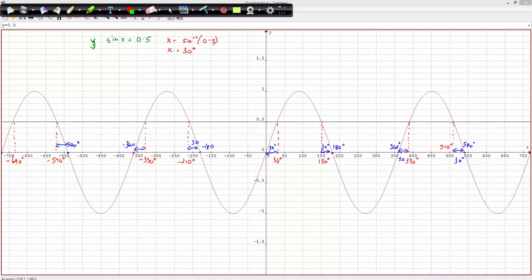I'm running out of screen, so I'll just move that in a fraction.